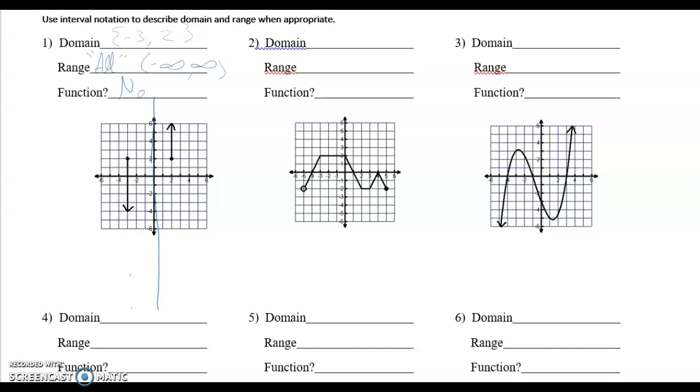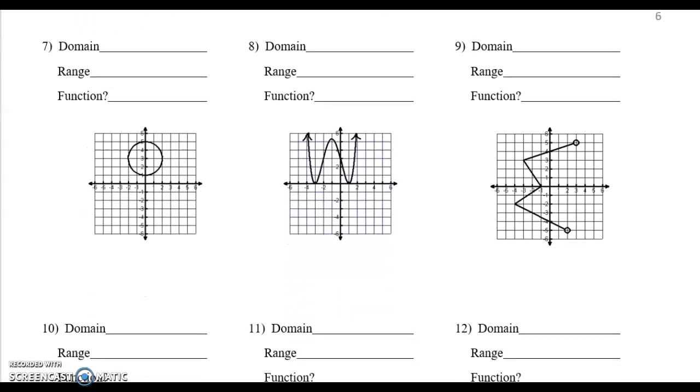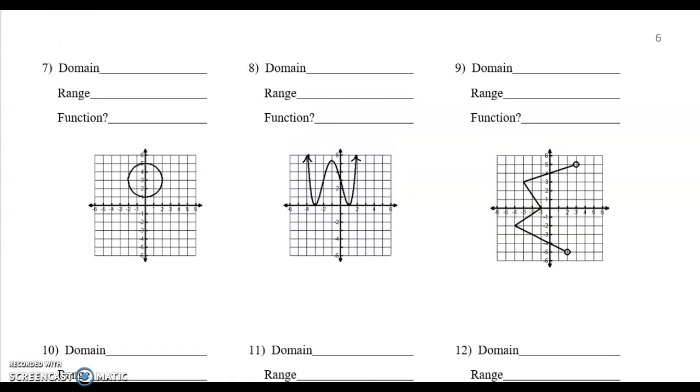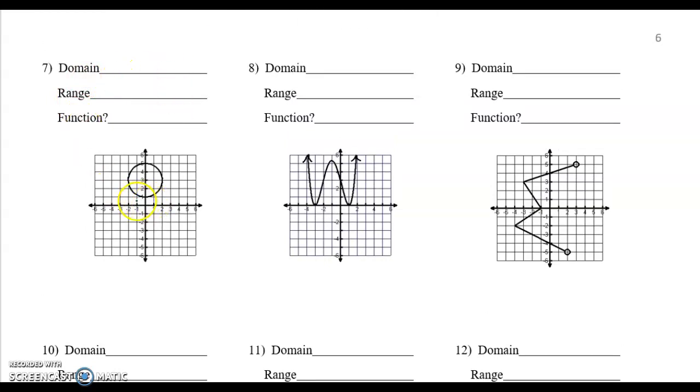Let's take a look at this circle because we'll be doing these next unit. So what's the domain of this? Well, let's see. It's all the x values. So the domain is all the possible x values.